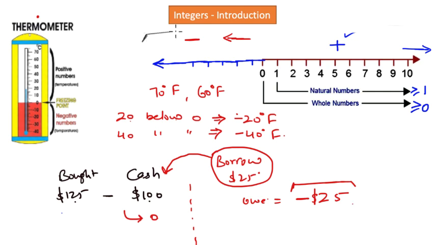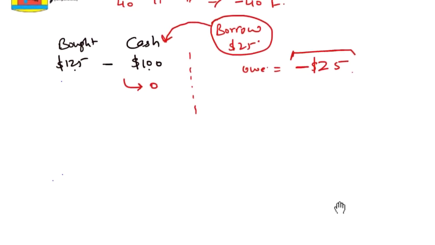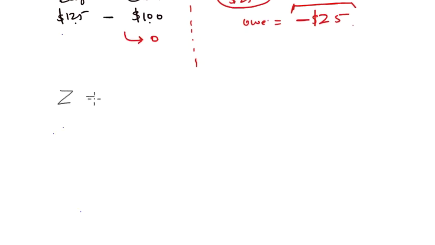And this entire space of numbers below 0, at 0, and above 0, is called integers. A mathematical way of writing integers: integers are represented by the letter symbol capital Z. It is a set of numbers which are negative whole numbers, 0, and positive whole numbers.